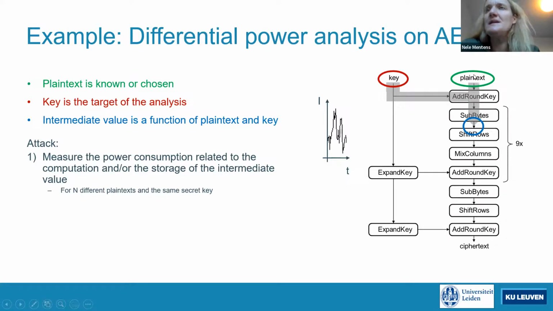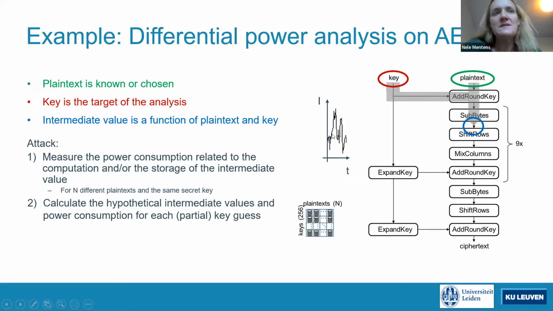So the key is always the same, and the attacker just triggers multiple encryptions with different plain text n times, and measures the power consumption n times. Then an attacker can calculate the hypothetical intermediate values that belong to the plain text that is known every time, and based on a guess of the key.